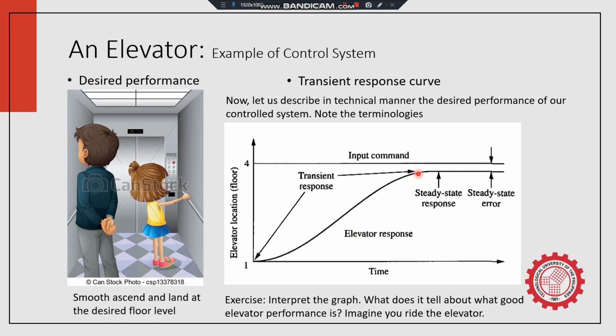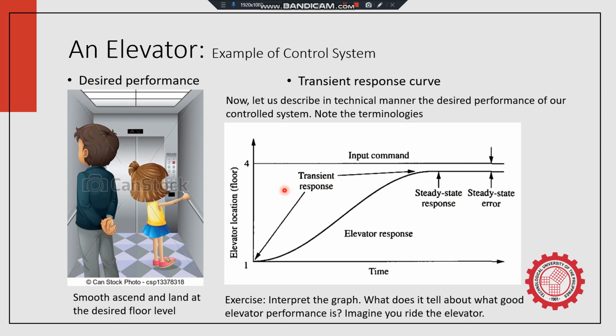In the next slides we will have the definitions of the transient response and steady state error, starting from the first level to the fourth level. I want you to picture and memorize this graph so that when we proceed to the next slides, we will define this.